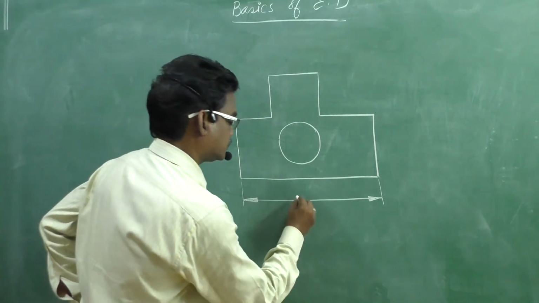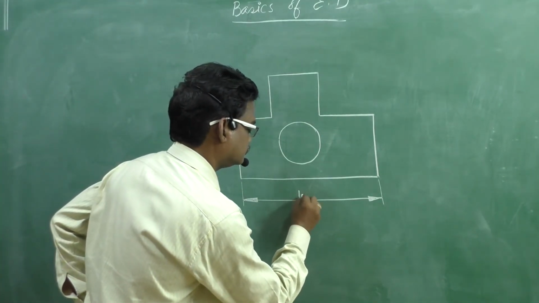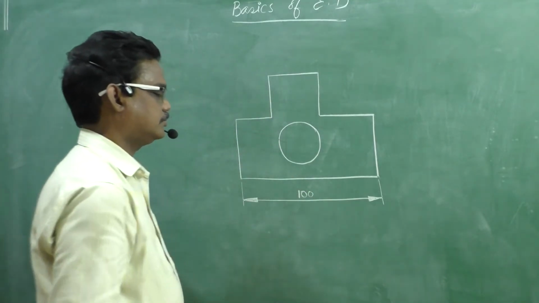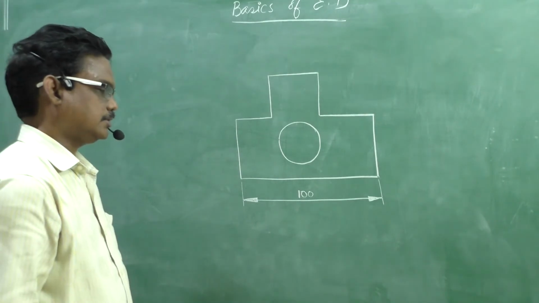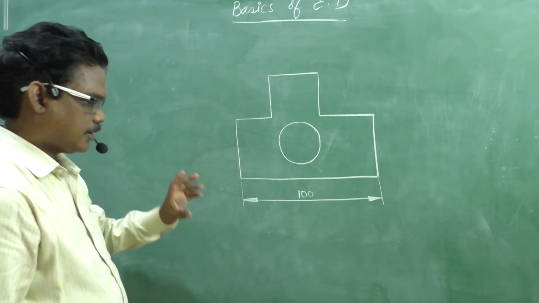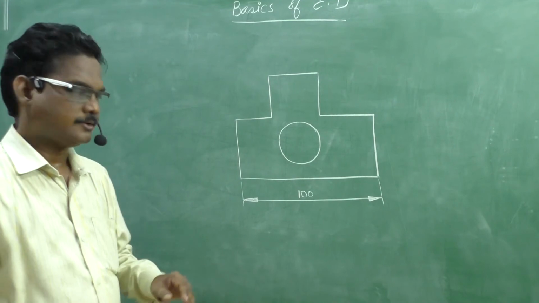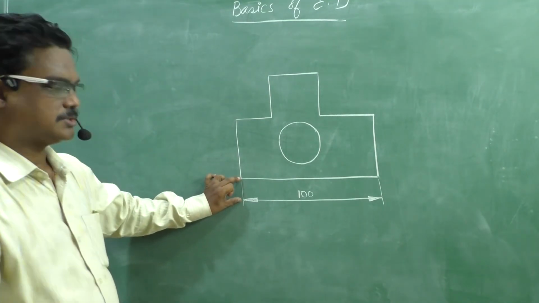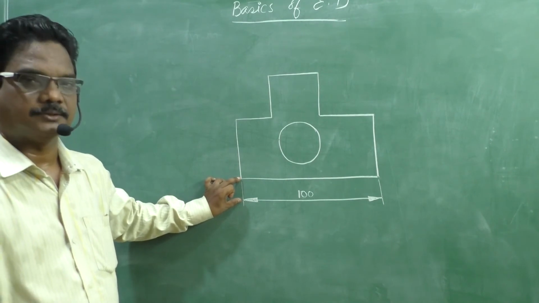Now above this, write 100. This is 100 mm. We need to write like this. Here, when we draw a dimension line, we need to maintain at least 10 mm distance from the object line.